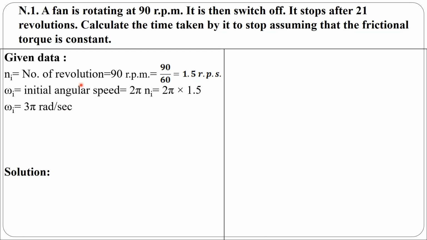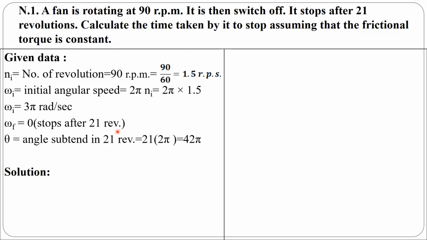Then it is said that it is switched off. It stops, which means the final angular velocity of the fan is 0. It stops after 21 revolutions, so we have to calculate the angle subtended in 21 revolutions.